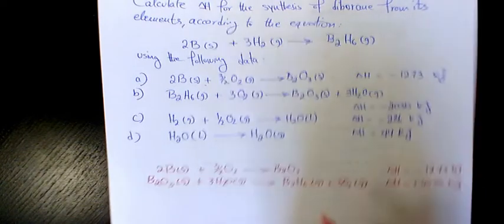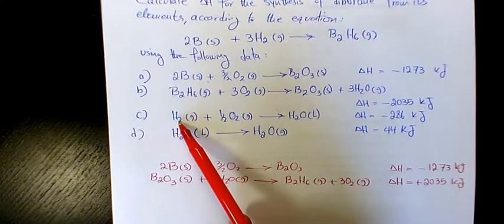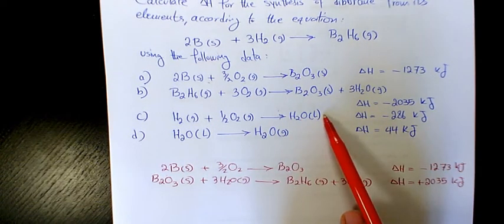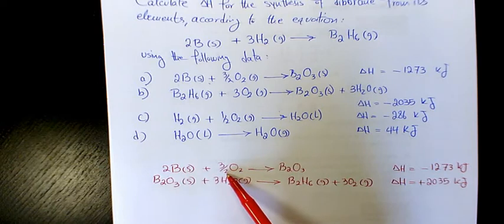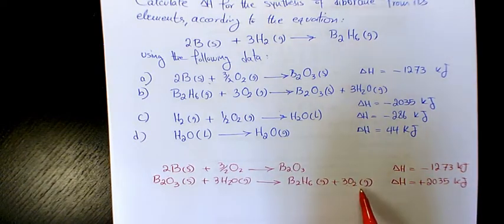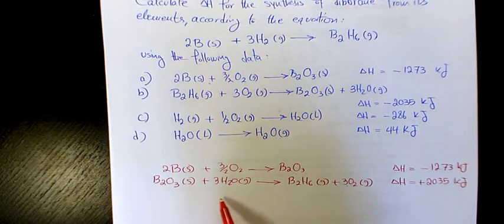Alright, look at here. We have H2 plus 1/2 O2 giving H2O liquid phase. We have 3/2 O2 in here, and we have 3 O2 in here, so we have 1.5 in here and 3 in here. We need to have another 1.5 in here as well.